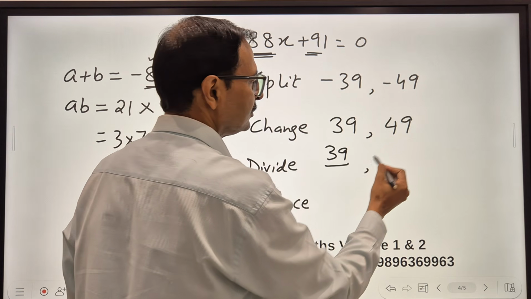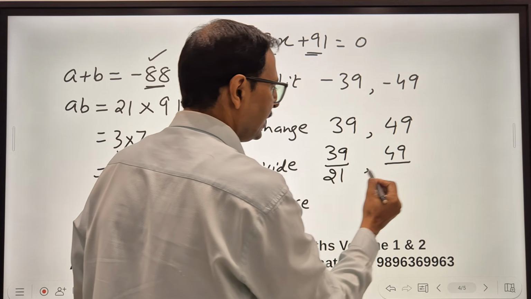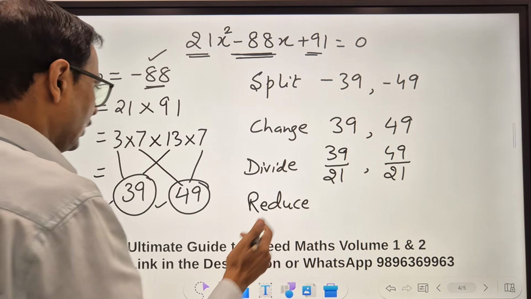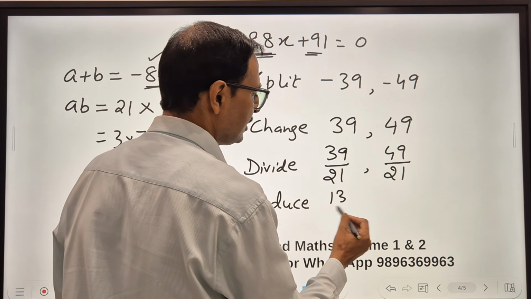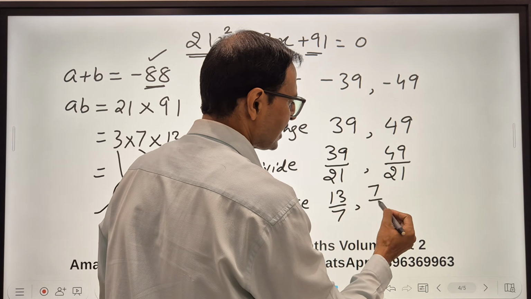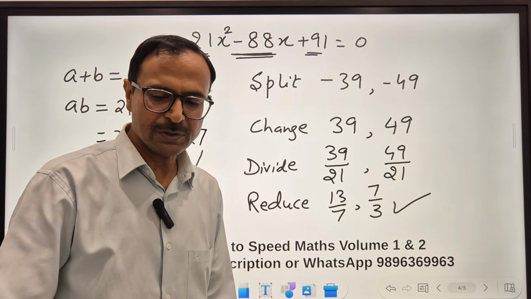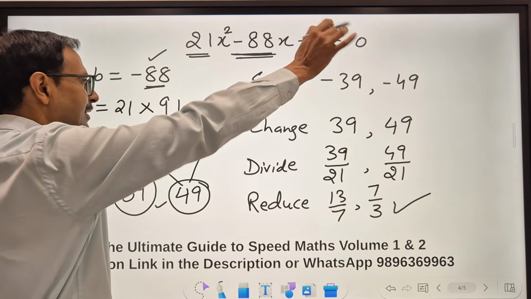Divide by the coefficient of x square, which is 21. And then reduce it to the lowest form. I think 3 is the common factor, so 13 upon 7. And in this case, 7 is the common factor. So 7 sevens are 49 and 3. So 13 upon 7 and 7 upon 3. These are the solutions of this quadratic equation.